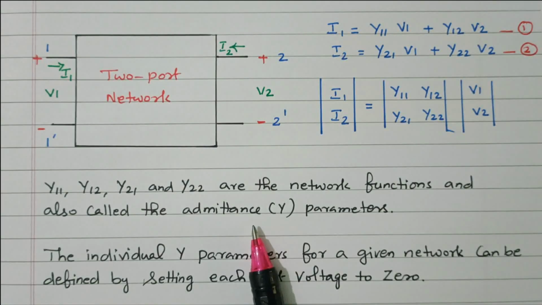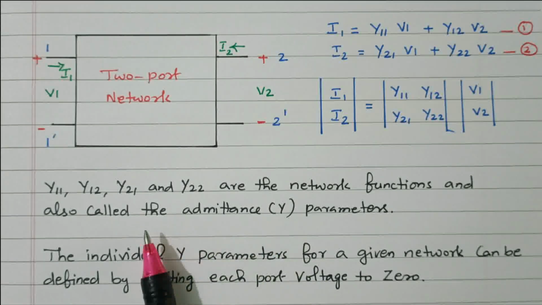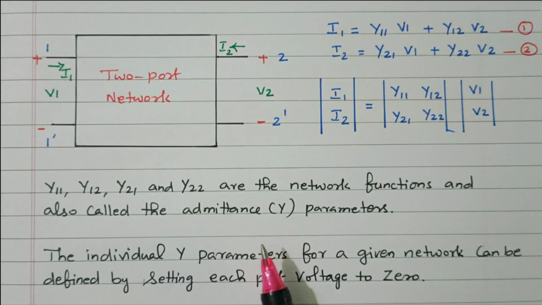The name itself is short circuit admittance parameter. We are going to short circuit the output port as well as the input port. By short circuiting the output port we can find two parameters, and by short circuiting the input port we can find another two parameters, so it is called short circuit admittance parameter.